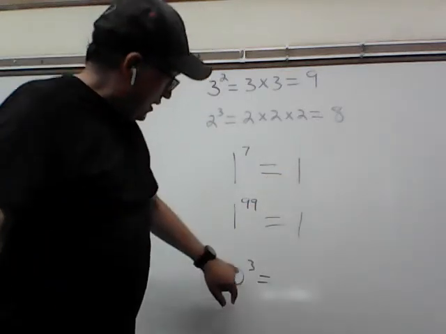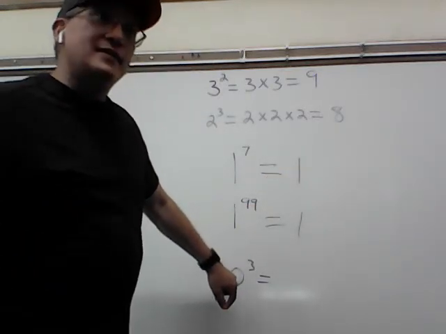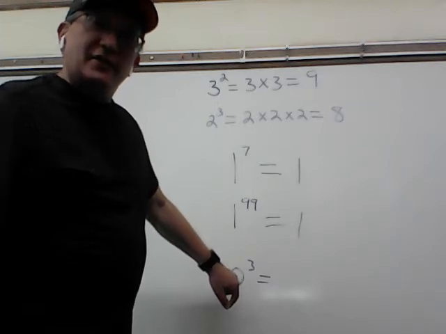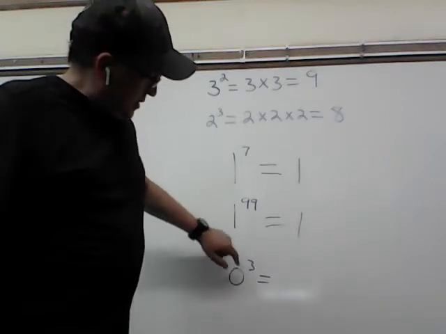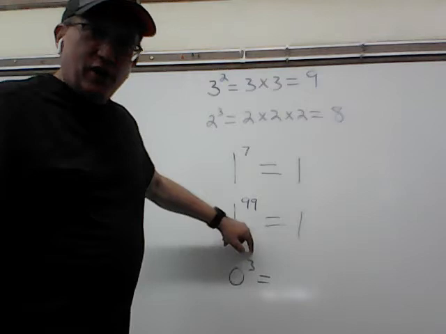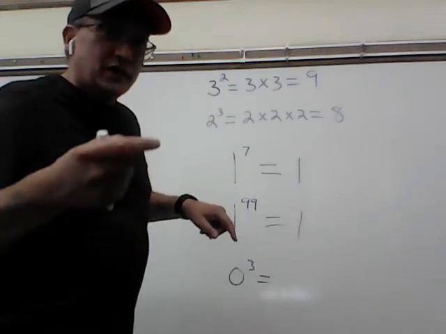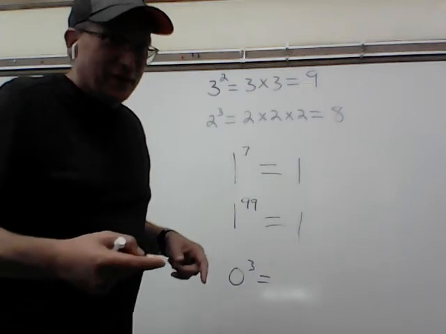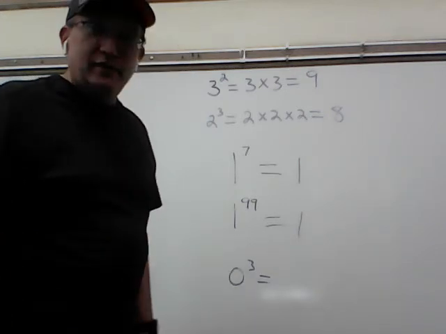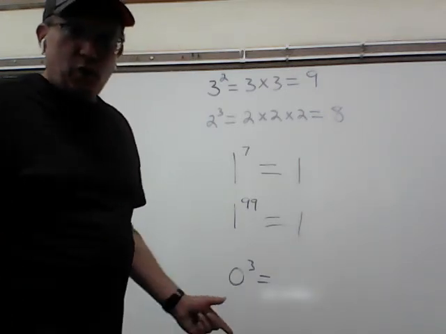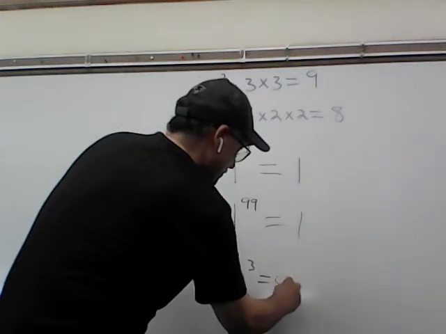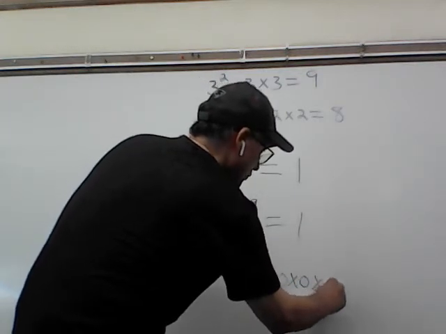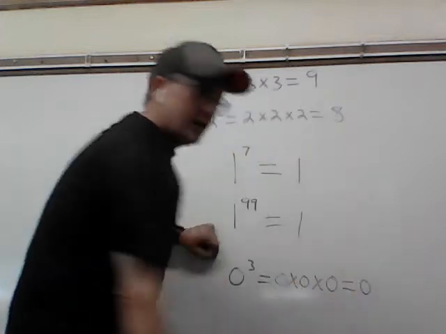Don't you do that. Okay, now here, I guess, I kind of didn't see this coming. I should have thought about it. When you've got 0 to a power, the wrong way to look at it kind of works, even though it's the wrong way to look at it. 0 times 3 is 0. That is the answer, but what it means is 0 times 0 times 0, and that, of course, is 0.